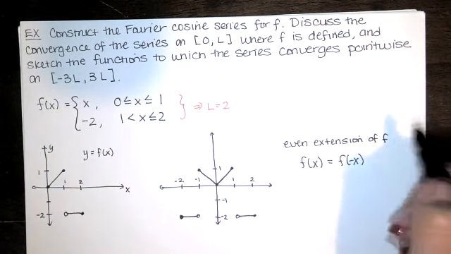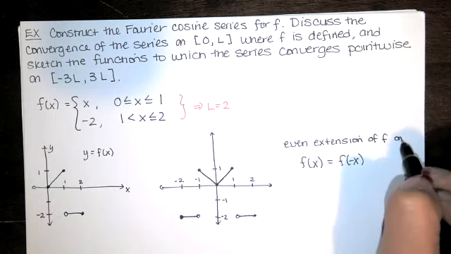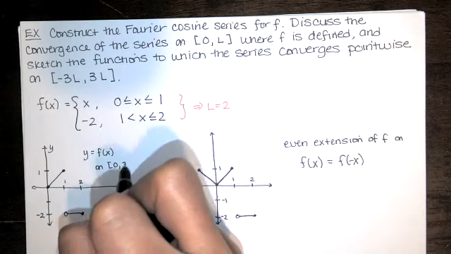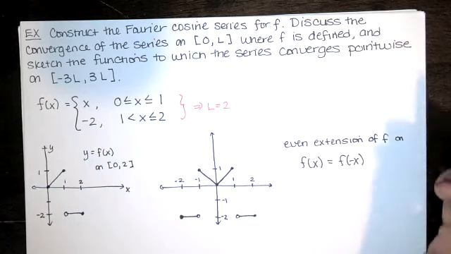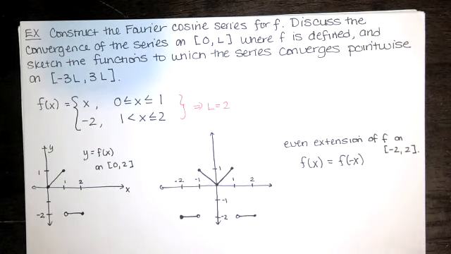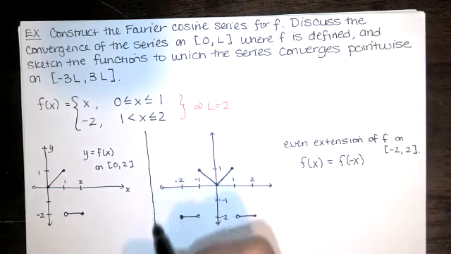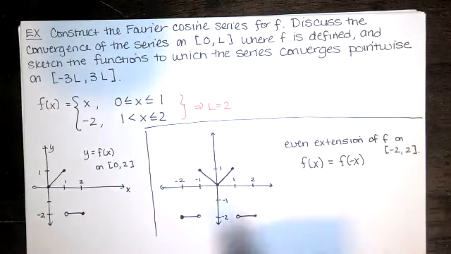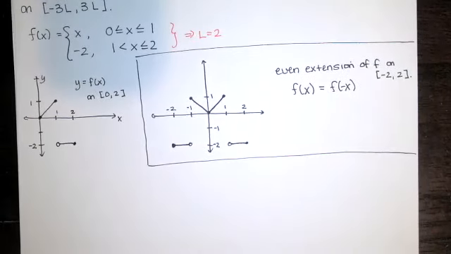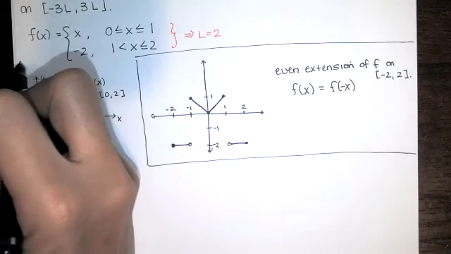Okay, so this is an even extension of f. This is f on the interval from 0 to 2, that's 0 to L in general. This is on the interval from -2 to 2, or -L to L in general. So that's our even extension. And now we might want a periodic extension of that even extension.